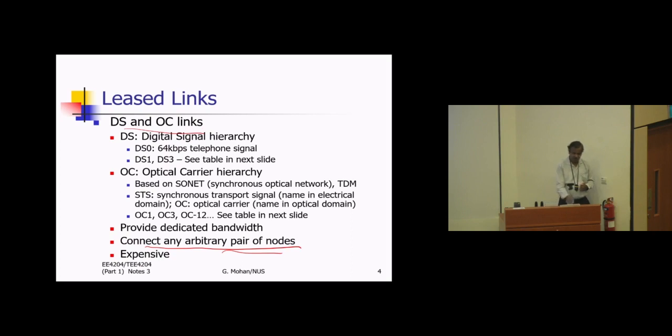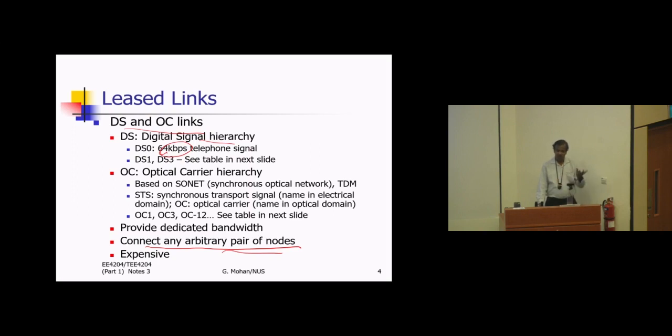DS stands for Digital Signal Hierarchy. It all started from the old telephone network. If you look at the telephone network, for one voice communication, if you want to communicate to the other party through the telephone network, not through the broadband or internet, we need 64 kbps. That comes from the sampling theorem and our voice signal bandwidth, etc. So I'm not going into those mathematical details.